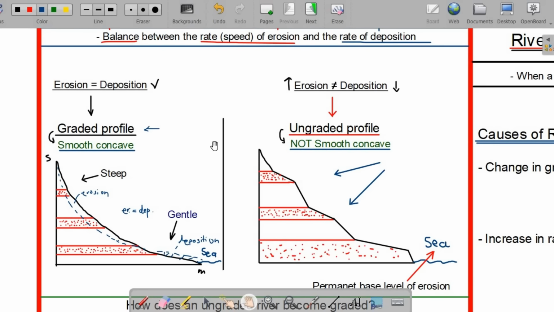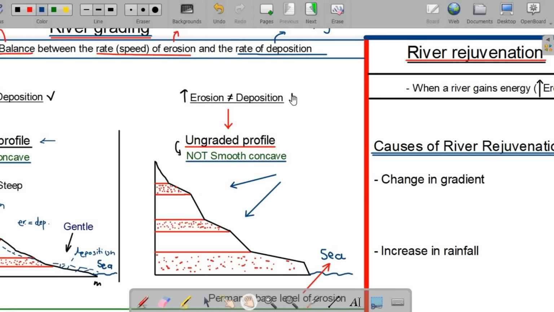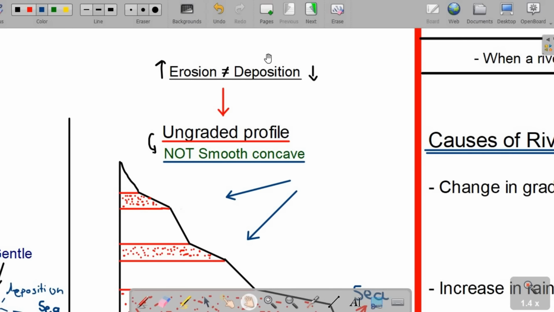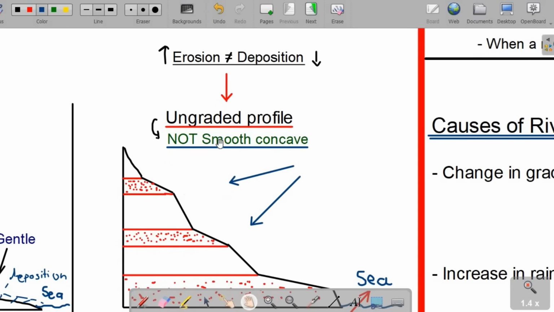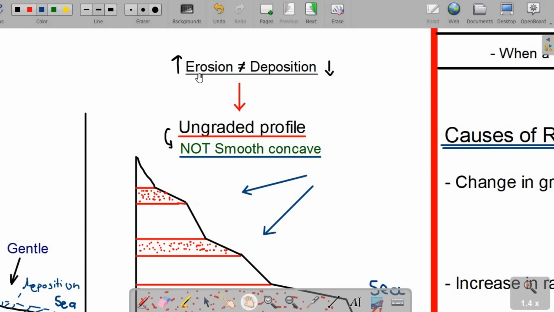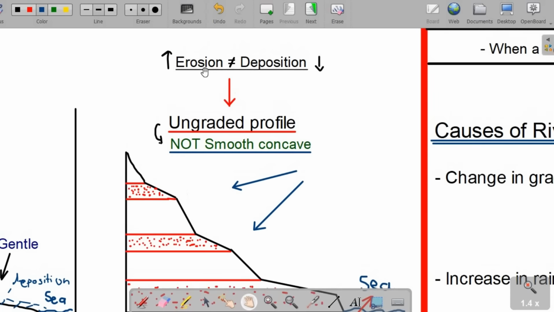Okay, and then contrary to that, whenever there's no balance, maybe there's more erosion than deposition, right? And so if that's the case, then I'm going to erode more or less, then deposit more or less. This relationship results in this profile that you see that is not smooth.